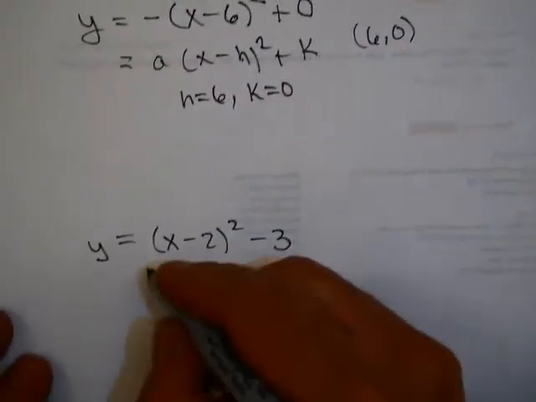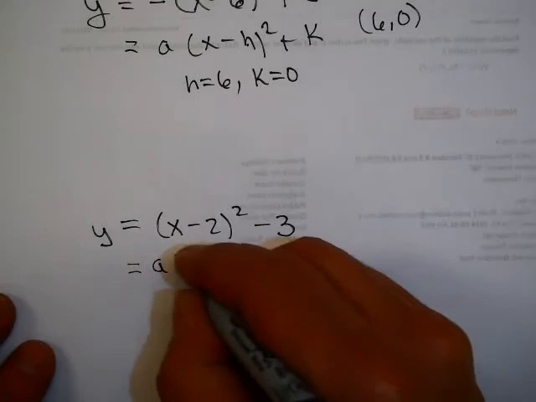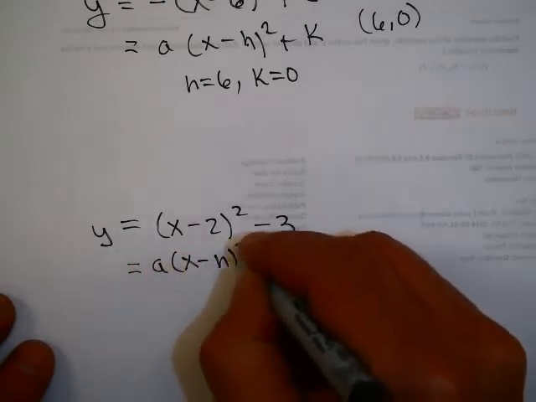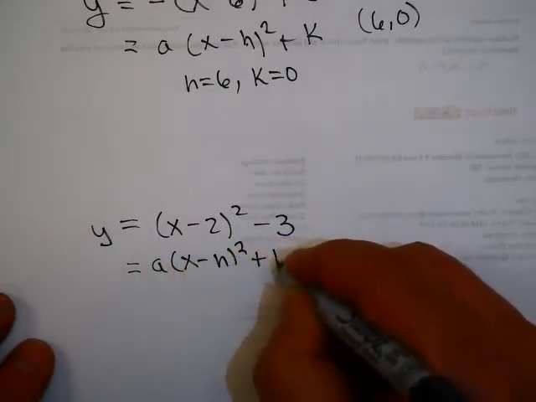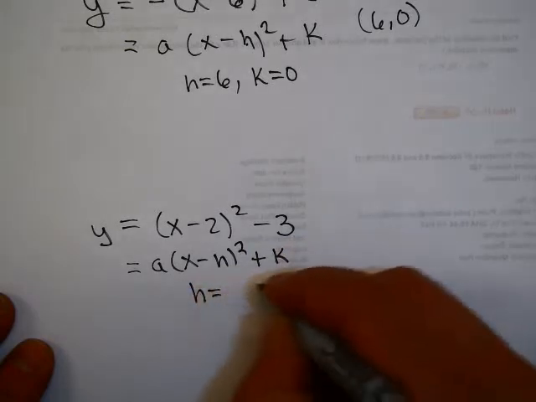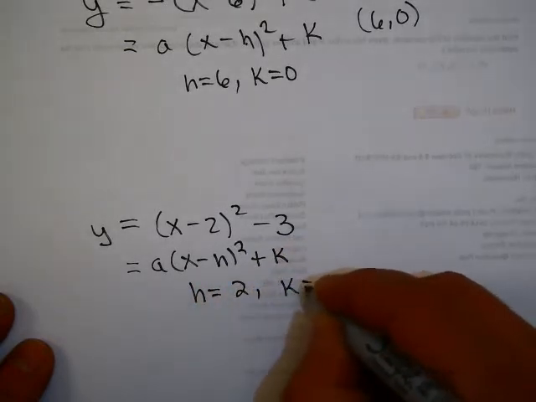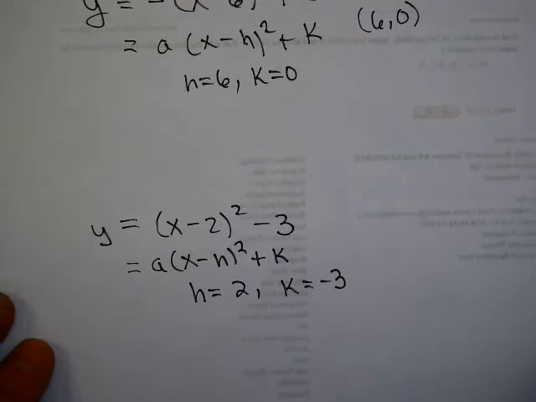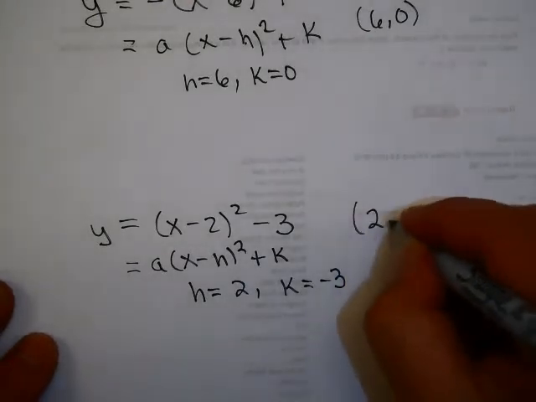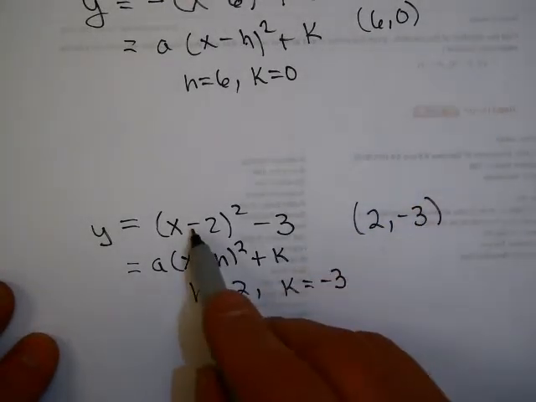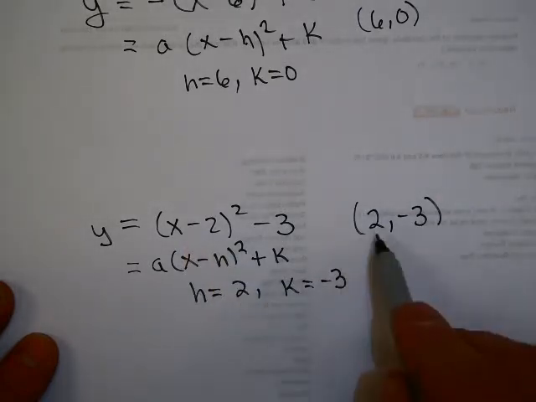Where would the vertex of this one be? Again, y equals a(x minus h) squared plus k. Here, h equals 2 and k equals negative 3. So my vertex here should be at (2, negative 3). You'll notice that if this is minus h, the x-coordinate of this is 2.